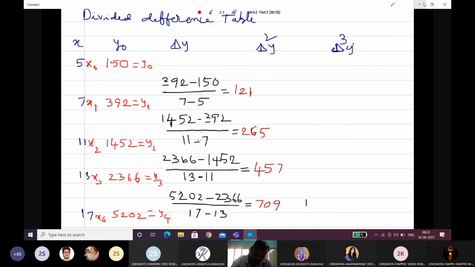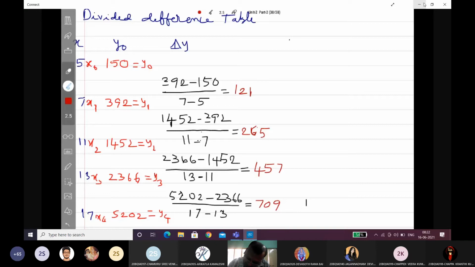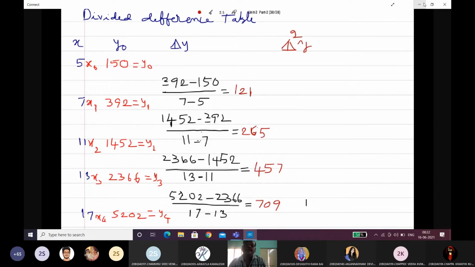Now again we move to the second divided differences. Here 265 minus 121 by x2 minus x0, that is 11 minus 5.